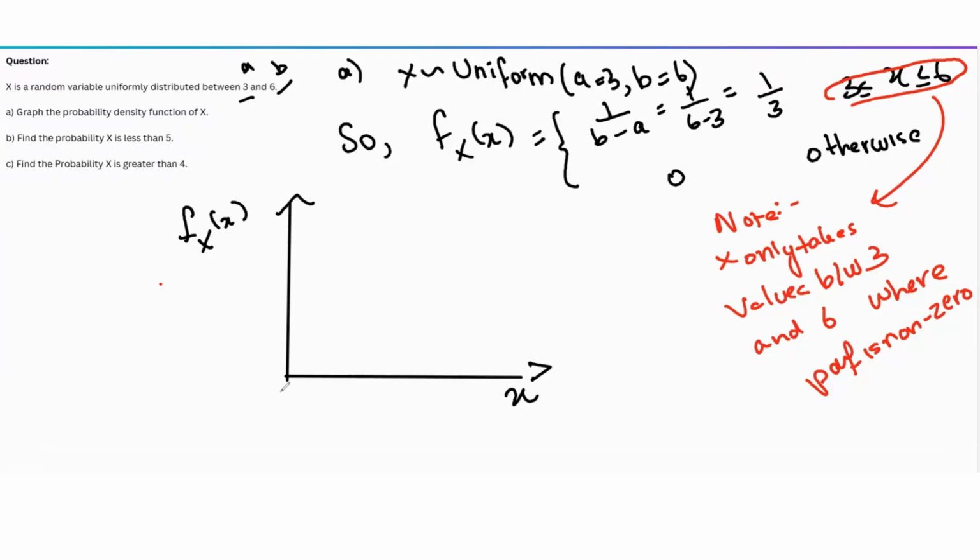Between 3 and 6, the value of the PDF is 1 by 3, so we make it like this, and otherwise it is 0. Let me just erase this. So here it's 0, here it's 3, and between 3 and 6 it's just 1 by 3. So this is its PDF.